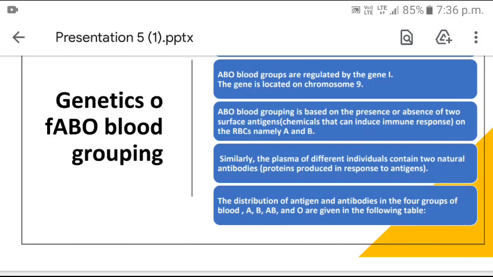The distribution of antigens and antibodies in the four groups of blood, A, B, AB and O, is given in the following table.